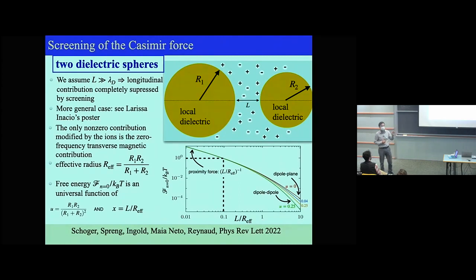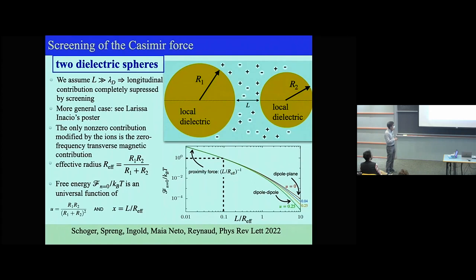This effective radius is very useful to represent the so-called proximity force result, which is this region here, very short distances. And here I have different curves corresponding to different values of this parameter here, which is related to how the sphere sizes compare, right?